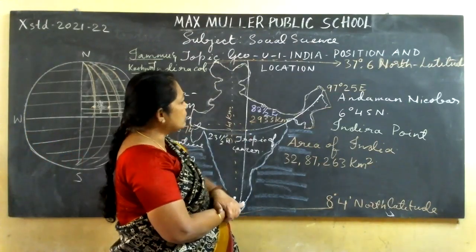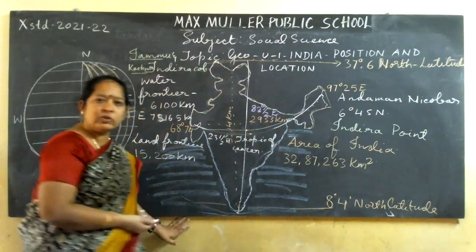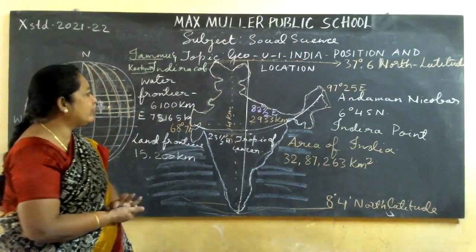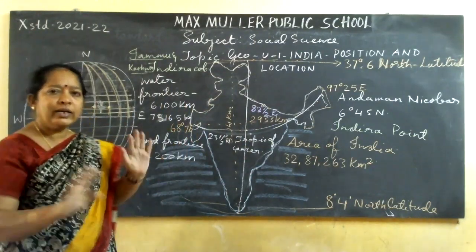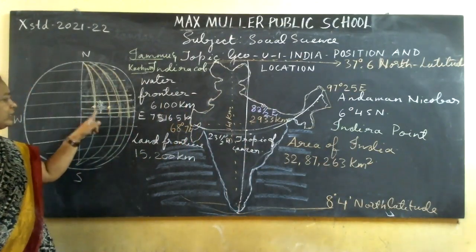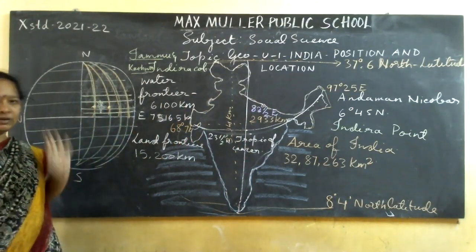Now, overall you understood, children? Once again, let me recall everything. First, India is situated in the northeastern hemisphere of the Earth.